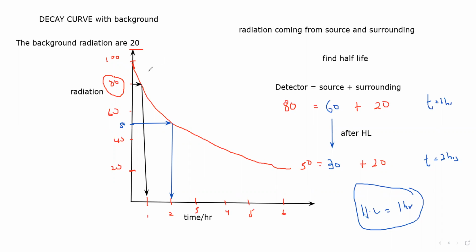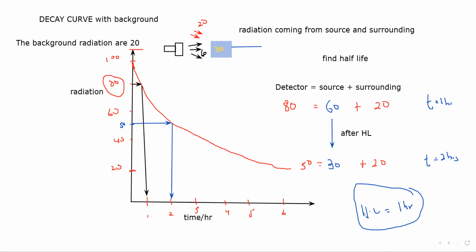These are the detector readings, and the detector is recording both radiations. When you place a source in front of it, there are 60 radiations because of the source and 20 radiations because of the surrounding. So the reading on the detector was 80.